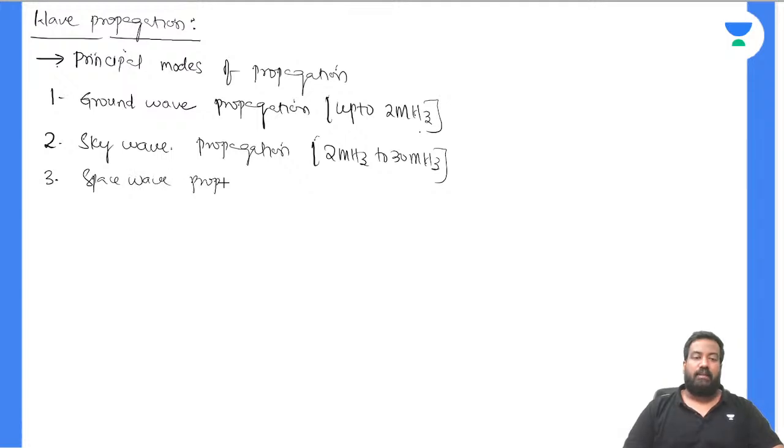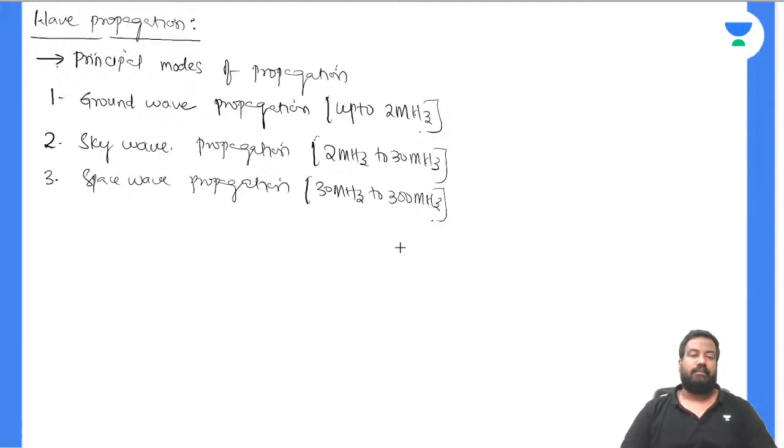Space wave propagation, between 30 MHz and 300 MHz. Discussed special modes of propagation.